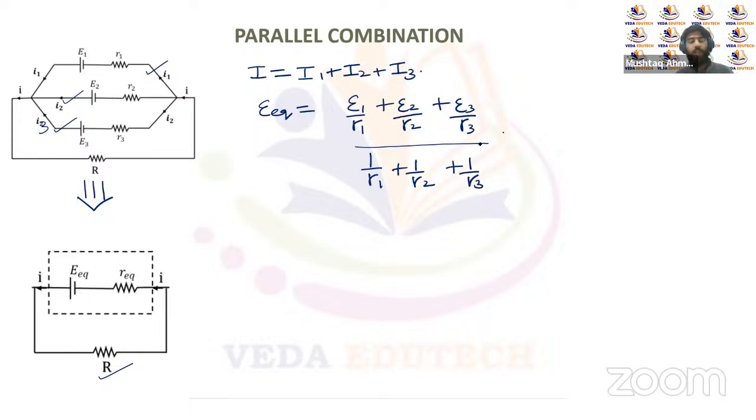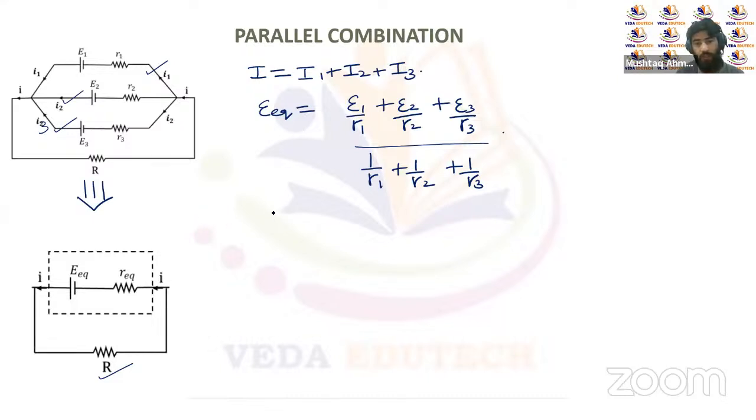So this will be the equivalent EMF offered by this circuit, where we have three cells, each of EMF E1, E2, E3, and each with internal resistance R1, R2, R3.